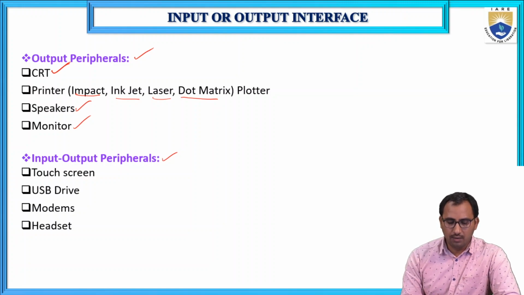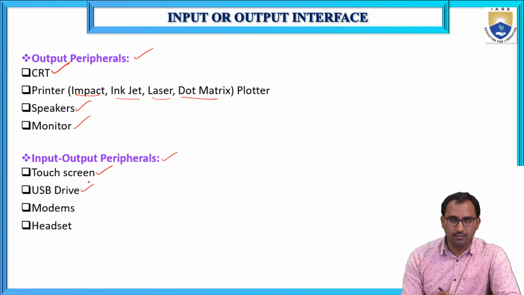The first one is a touch screen. A touch screen acts as an input-output peripheral, because when you touch the screen, it acts as an input device, and after touching, it displays something, which is considered the output. That's why the touch screen acts as both an input peripheral and an output peripheral.